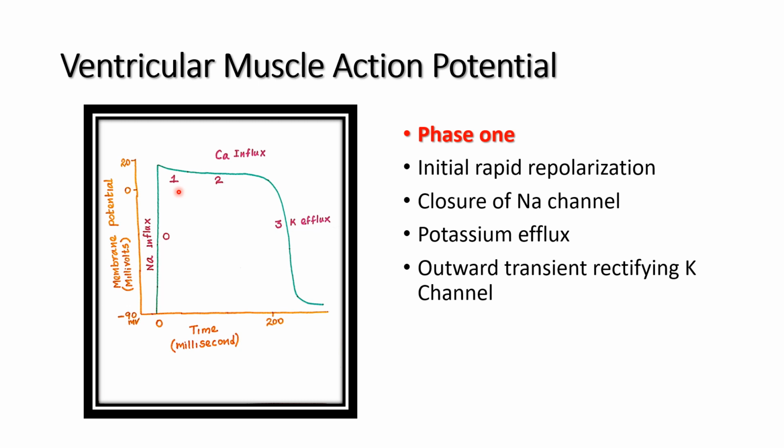The potassium efflux is mainly due to the opening of the outward transient rectifying potassium channel. So phase 1 is mainly due to the sudden closure of the voltage gated sodium channel and potassium efflux. Phase 0 is mainly due to the sodium influx, due to the opening of the voltage gated sodium channel.